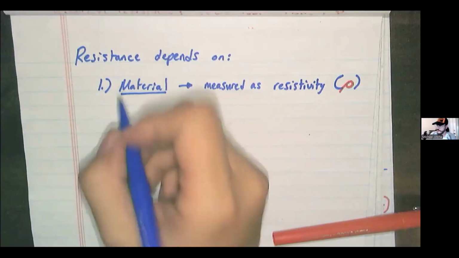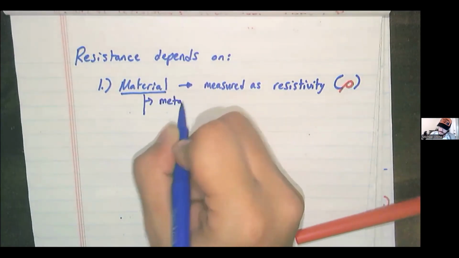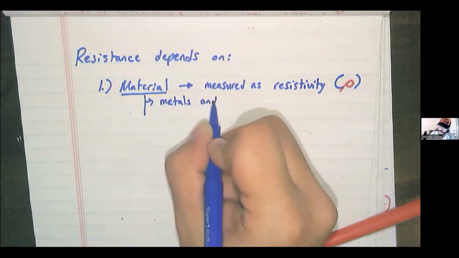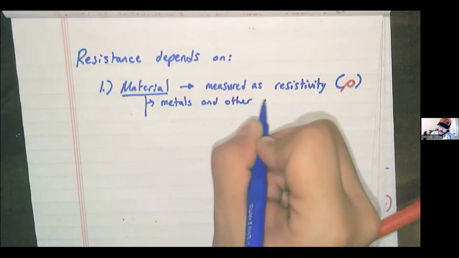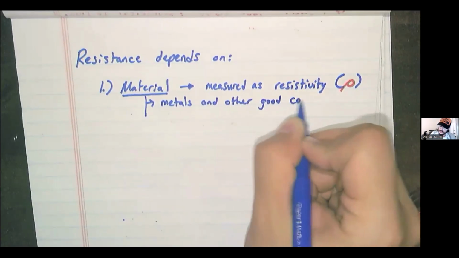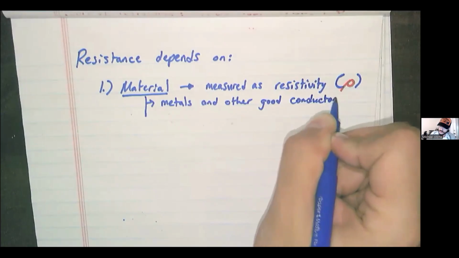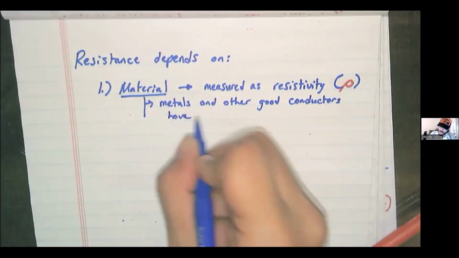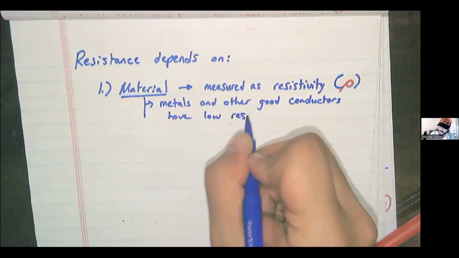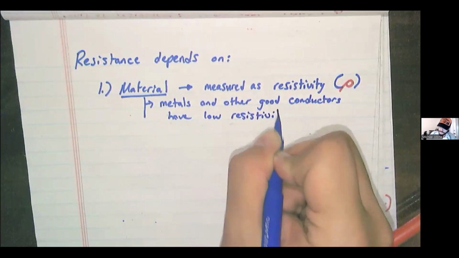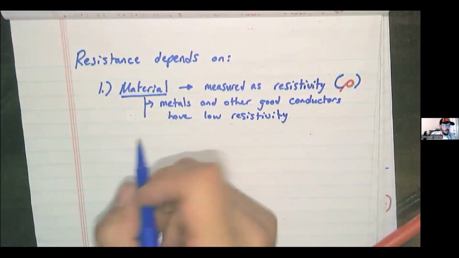But for this, metals and other good conductors have low resistivity. Why?